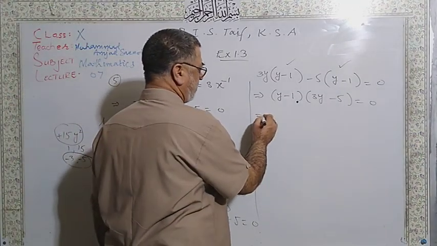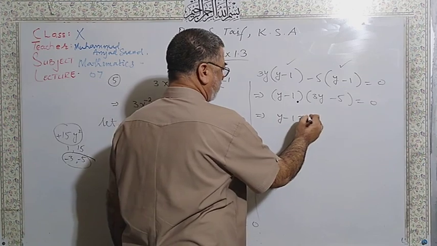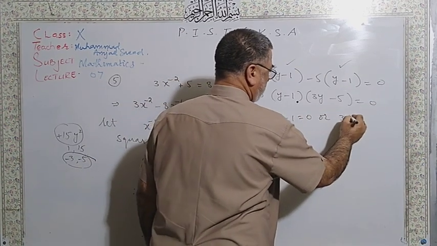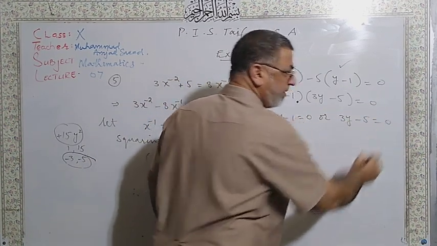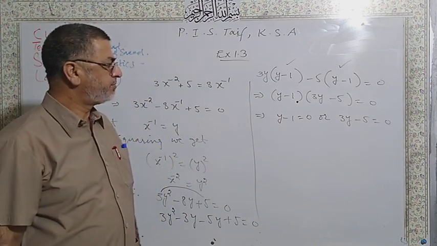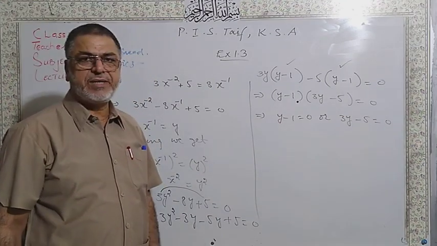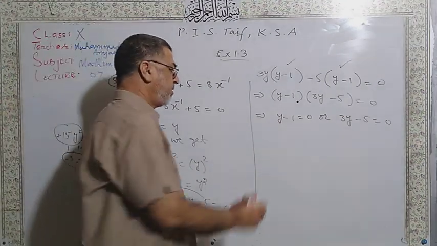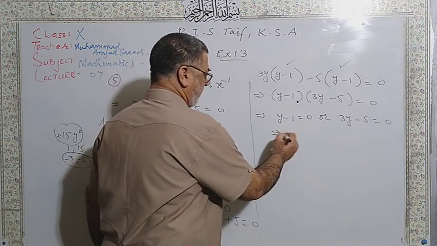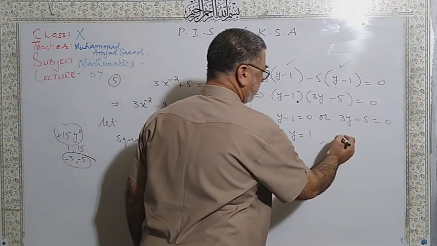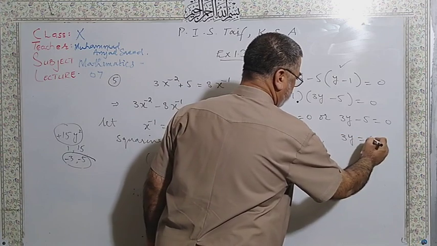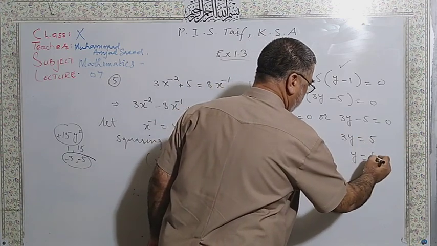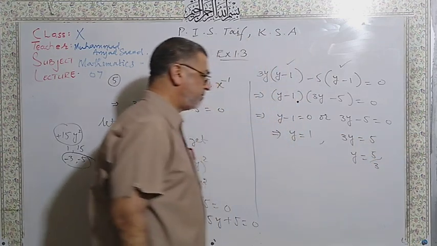So y - 1 = 0 or 3y - 5 = 0. You will write them down independently as zeros. So y = 1, and 3y = 5, so y = 5/3.